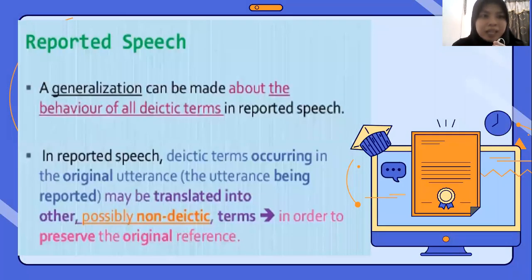Reported speech. A generalization can be made about the behavior of all deictic terms in reported speech. In reported speech, deictic terms occurring in the original utterance, or the utterance being reported, may be translated into other, possibly non-deictic terms in order to preserve the original reference.